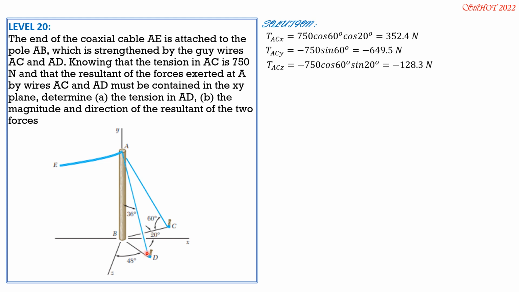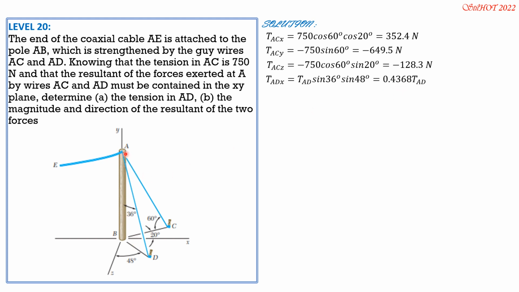So TADX is tension in AD, magnitude sine of 36, then sine of 48. Tension in AD sine 36, which is this projection along BD, then times sine of 48. So 0.4368 tension in AD.